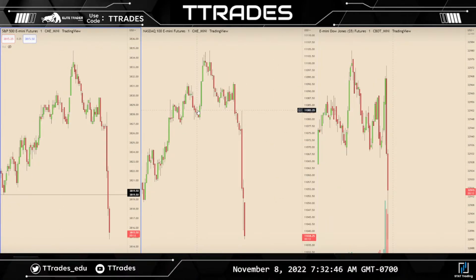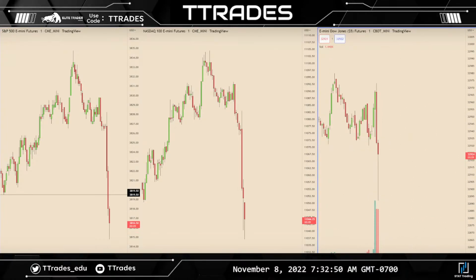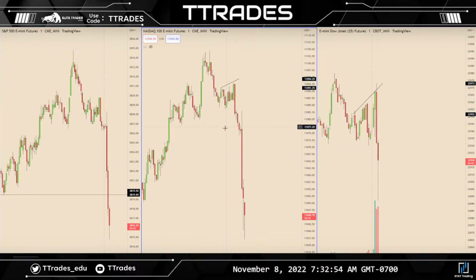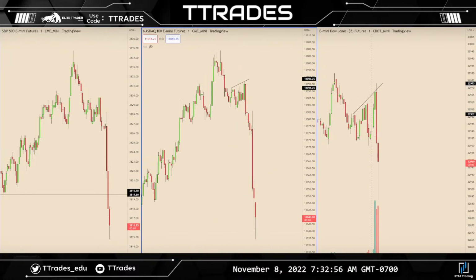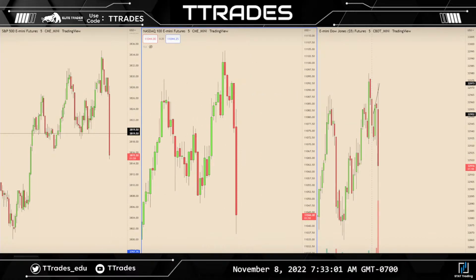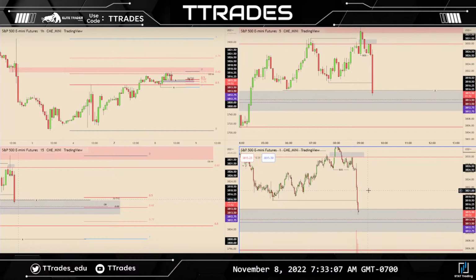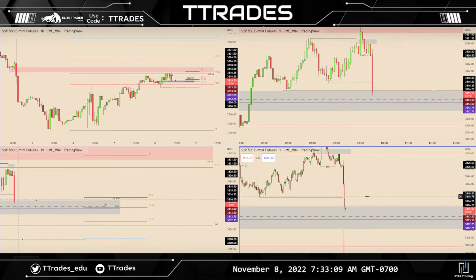Let's see. So annoying, but look, it did what we wanted it to. Freaking Dow and NASDAQ did what we wanted. See, that's when I normally have my other screens up to watch. That sucks. Kind of upset about that, but it is what it is.